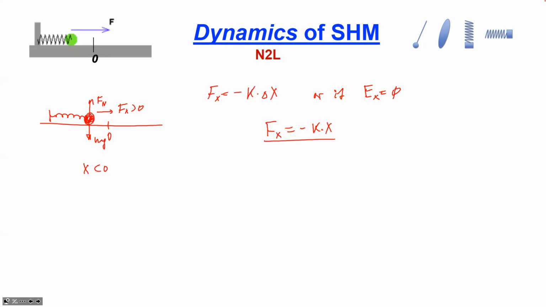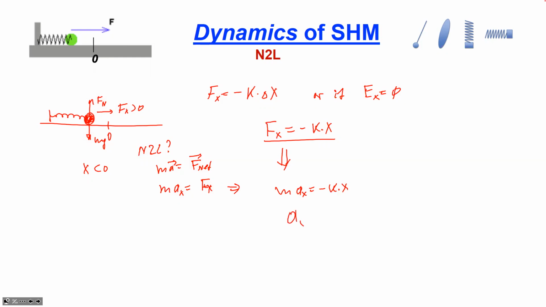What does Newton's second law say? Well, it says mass times acceleration equals net force. But in this case, there's only one component of acceleration and only one force. So if we combine these two laws together, we get a pretty simple equation.